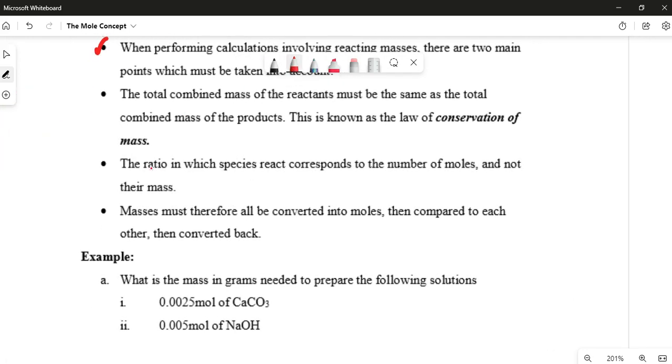The ratio in which species react corresponds to the number of moles and not their mass. Masses must therefore all be converted into moles, then compared to each other, and then converted back. So this is the reference to mole ratio. Let me write it down. Mole ratio.